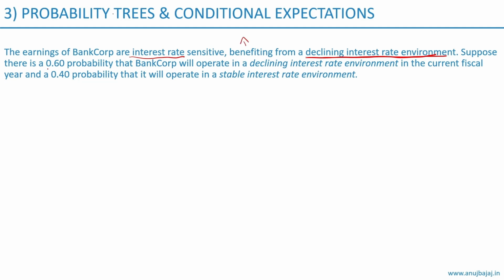Suppose there is a 60% probability that Bank Corp will operate in a declining interest rate environment, and a 40% probability that it will operate in a stable interest rate environment. This implies that there is a 0% chance of Bank Corp operating in an increasing interest rate environment.